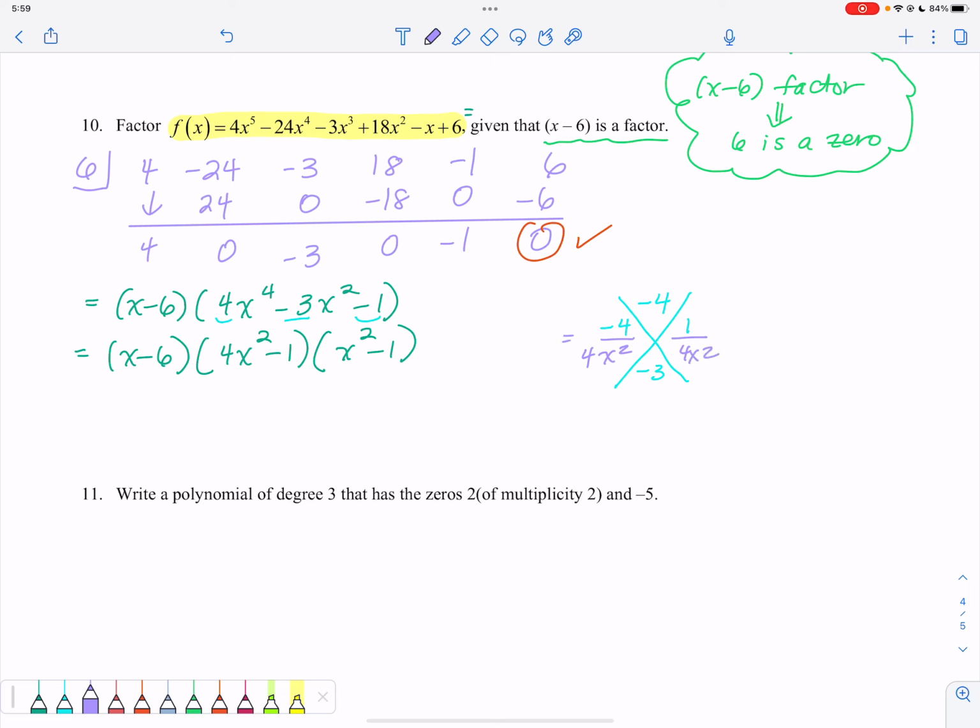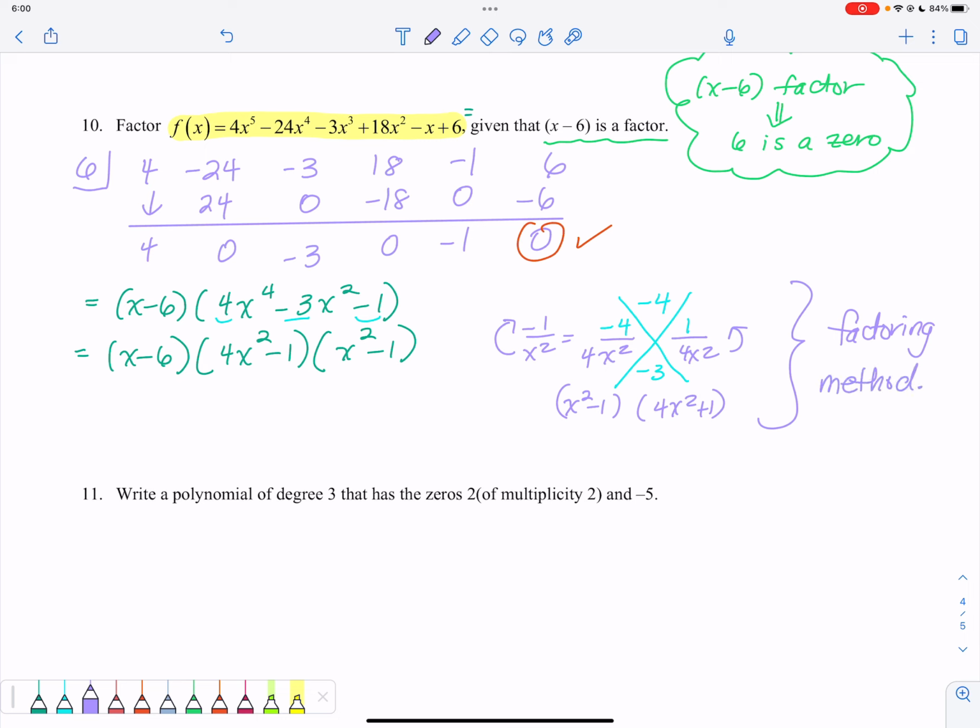And then this is equal to negative 1 over x squared, and then that's as is. So that is where we get x squared minus 1 times 4x squared plus 1. I don't know how you do your factoring, what method, but I don't know if you like this method or not.